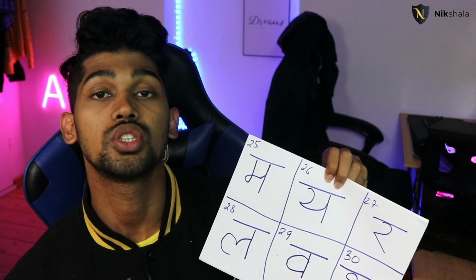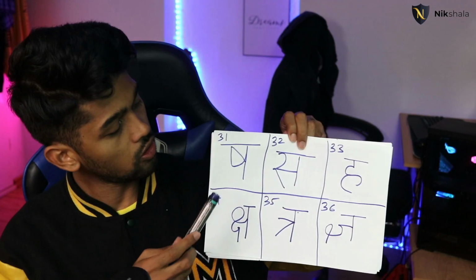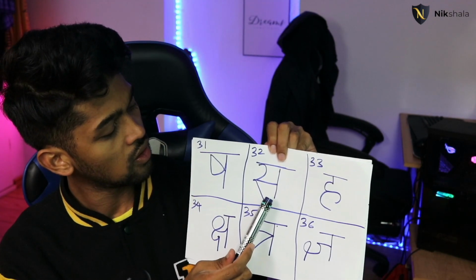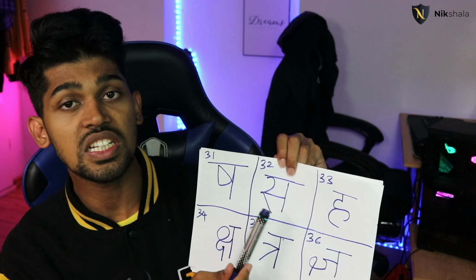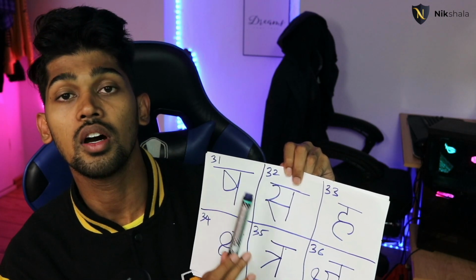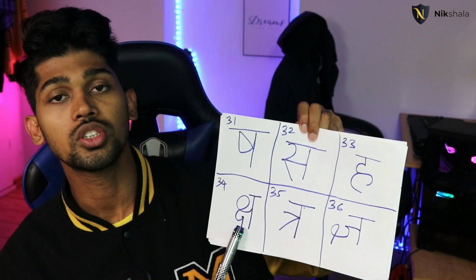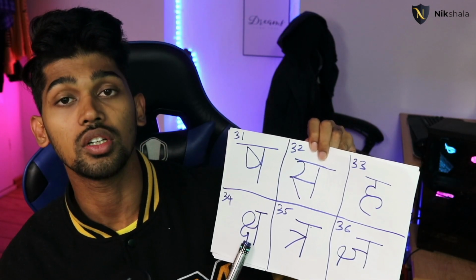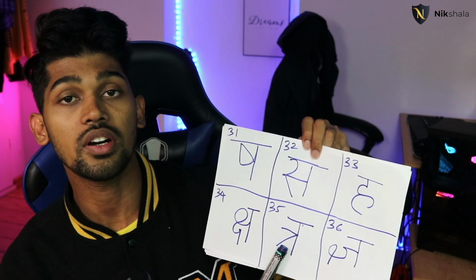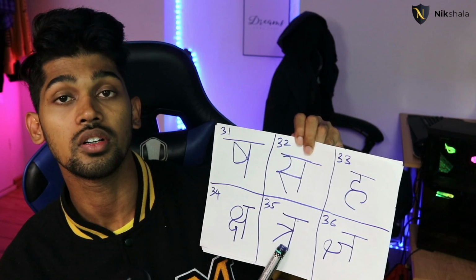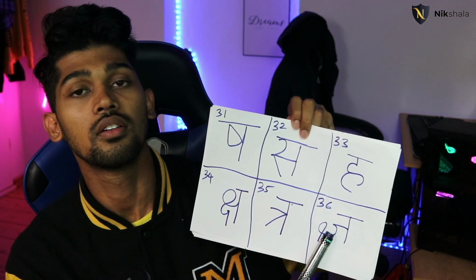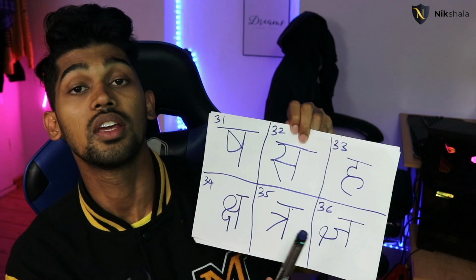Say it again. Sh. 31st, Sh. 32nd, S. 33rd, H. 34th, Ksh. 35th, Tr. 36th is Gya.